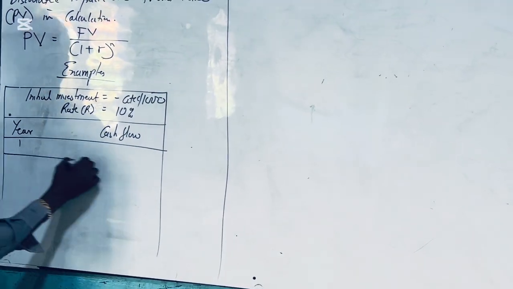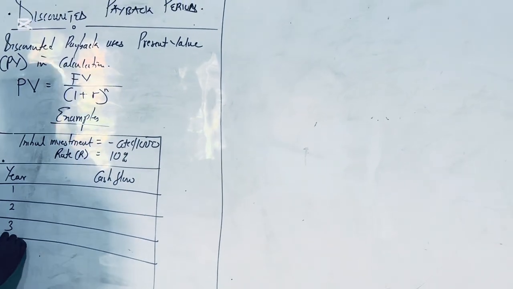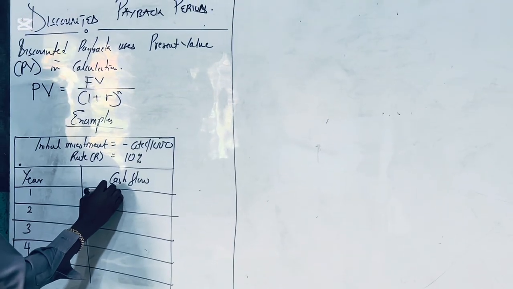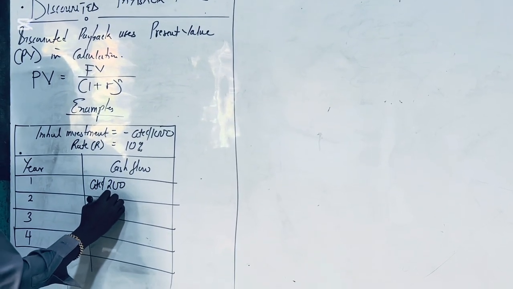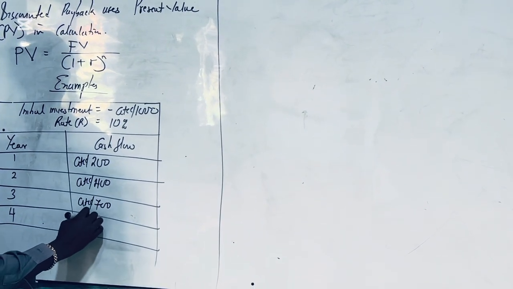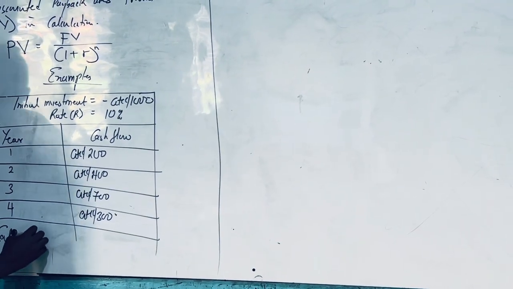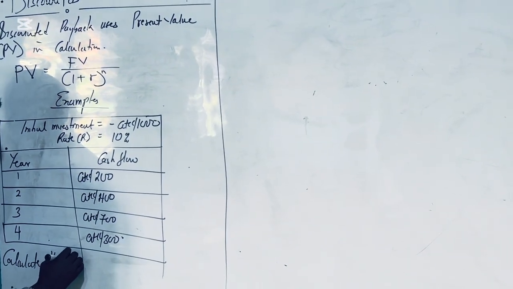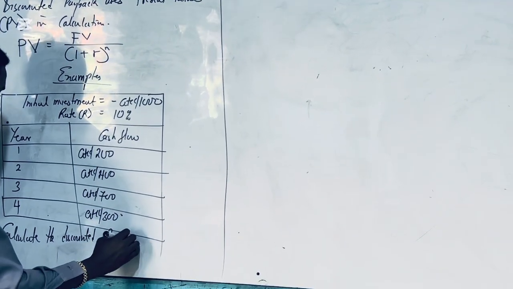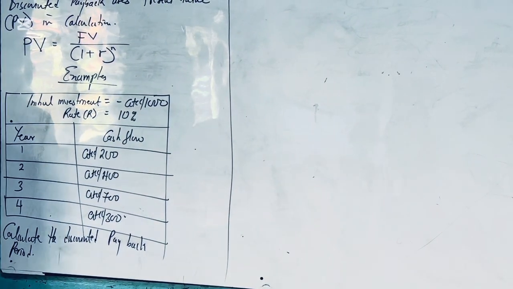We have year 1, year 2, year 3, and year 4. So we have here 200, 400, 700, and 300. And the question is, calculate the discounted payback period.